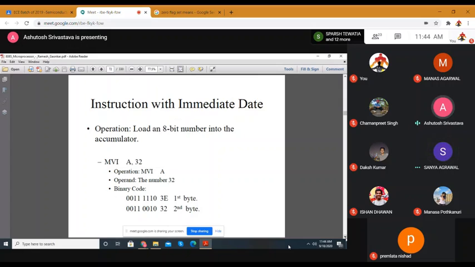Here the operand is the number 32, while your operation is move into your register A or your accumulator A.